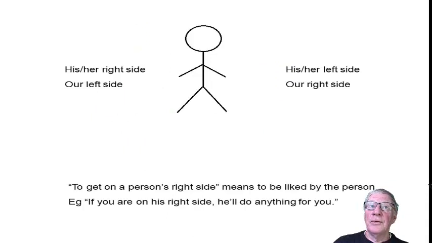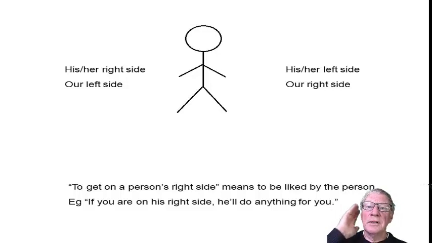And when we're talking about sides of something, we have to remember, are we looking at the person or is the person talking? So the person has his or her right side. As we look at the person, her or his right side is our left side.